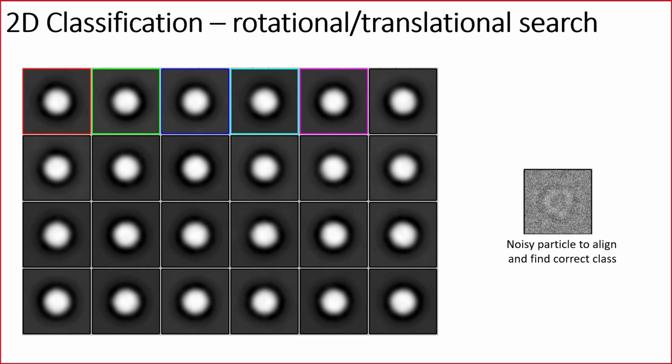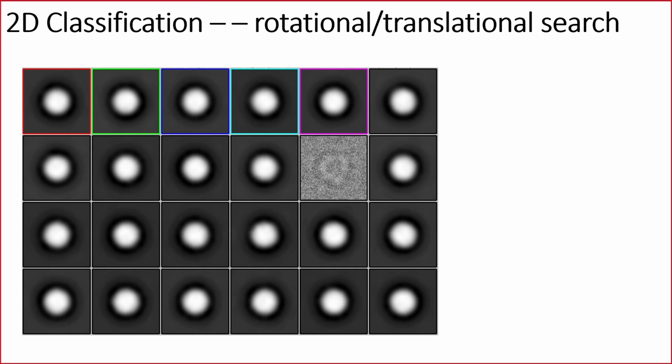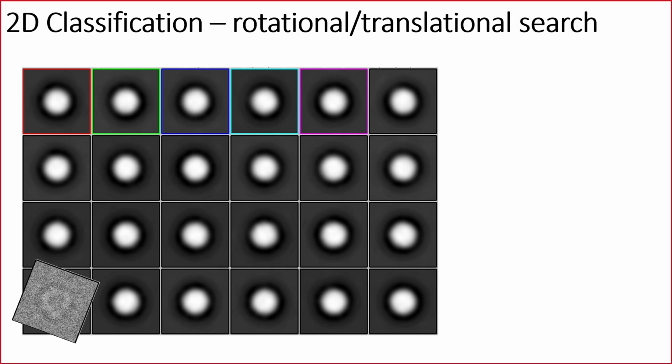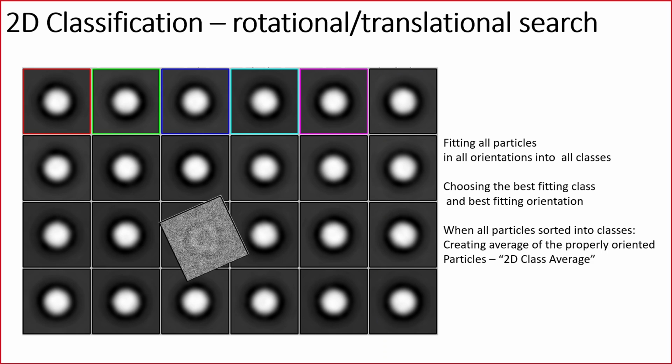And what we are now going to do is take our noisy particle and try to find the correct class and align it into the most correct class. So we will try it with one class, another class. We will try to rotate the particle into a different class. In fact, we will try all the orientations and all the shifts into all the classes for all the particles.